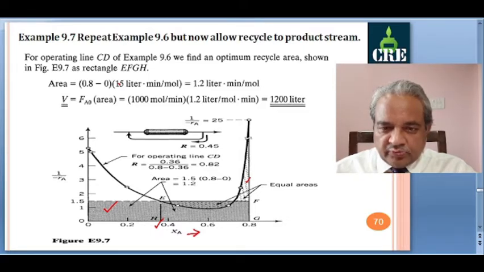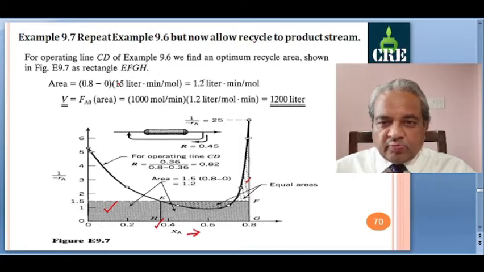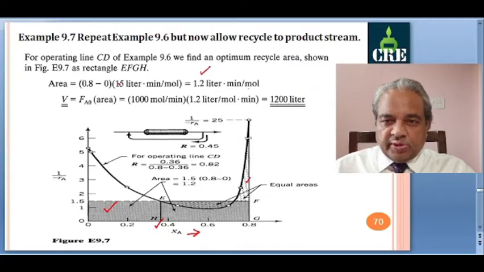That means if I find out the area of this rectangle, this will represent the area under the curve. Okay, so this complete rectangle, it's easy. 0.8 minus 0 multiplied by 1.5. It is 1.2 liter minutes per mole.